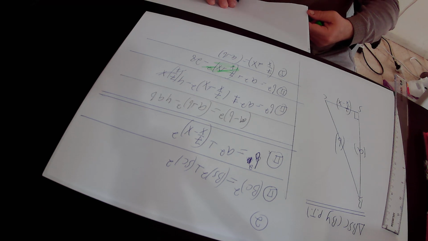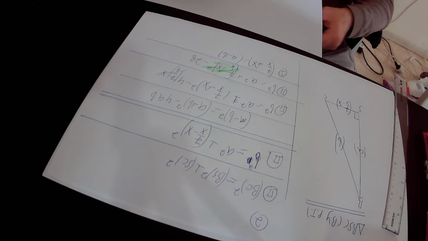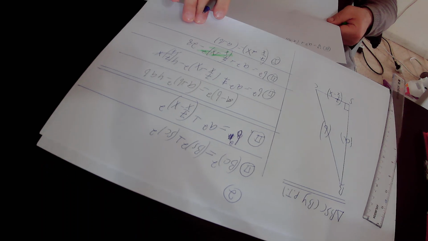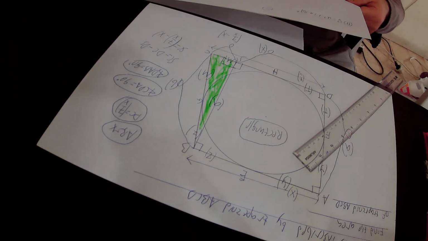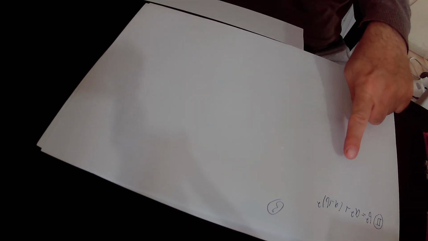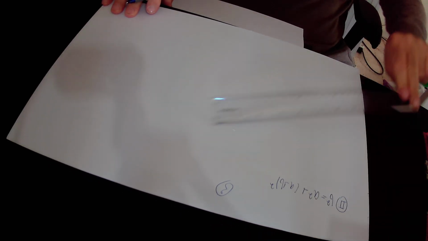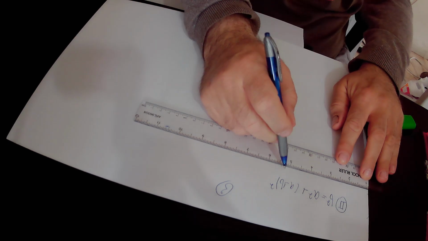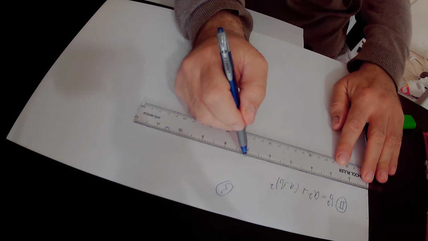So we found out that according to equation 2, B squared equals A squared plus (A plus B) squared. Here we'll open the brackets on this side of equation 2.